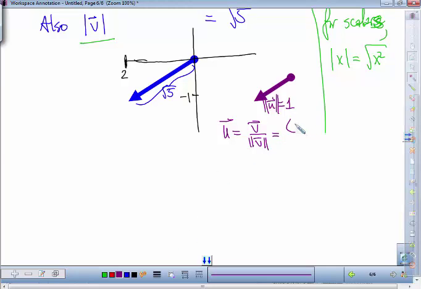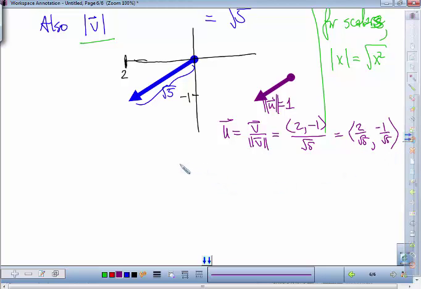So we have 2, -1. If we divide each component by square root of 5, we get 2 over root 5, minus 1 over root 5.